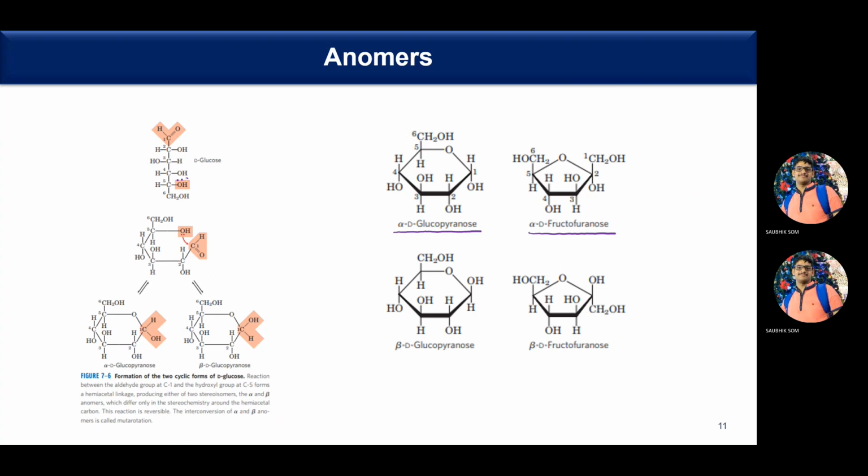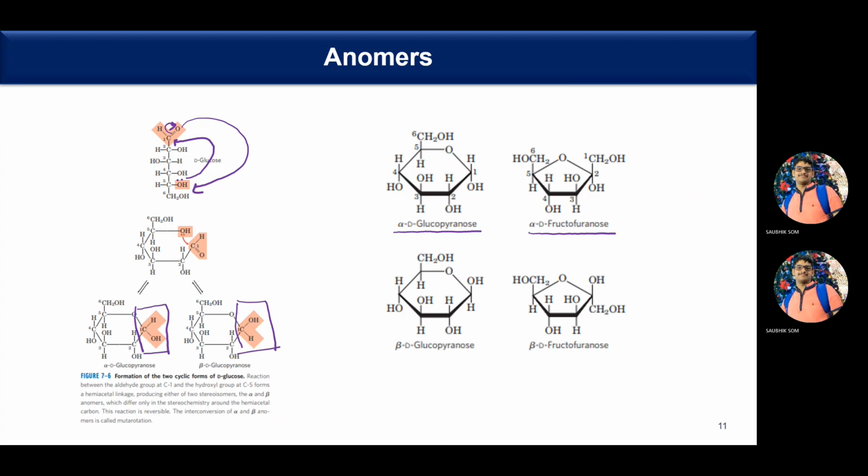So these electrons will attack the carbon here, and this carbon will take the hydrogen from here. Correct? So that means it will become a cyclic bond. This can be either in this orientation, where H is up and OH at the bottom, or in this orientation where H is down and OH at the top.